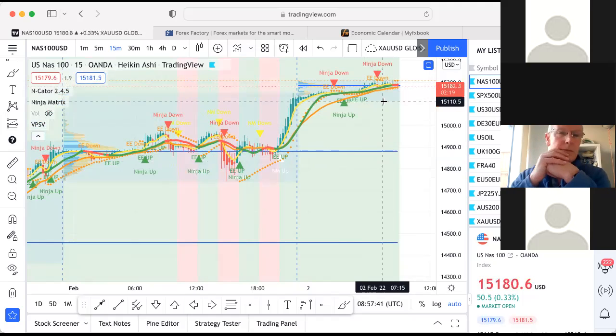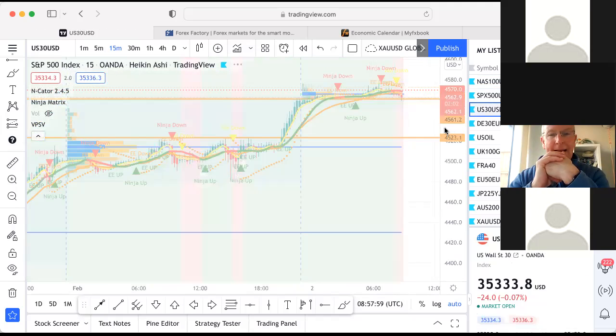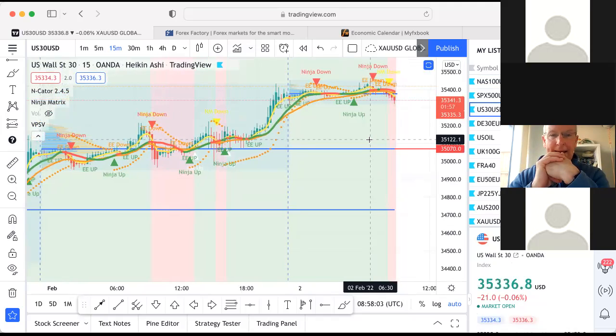So my first impression would be there's no trade to be had there. If we go down the list, some of these indices are very similar to each other, so this is the same as NAS. US 30 we just looked at, and we think that might be a potential sell down to this point, where the red line is.